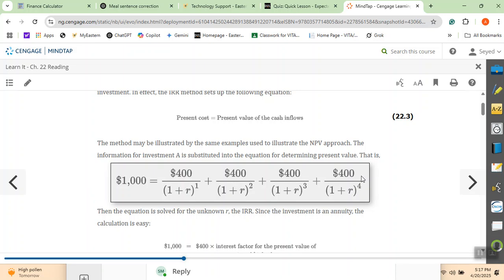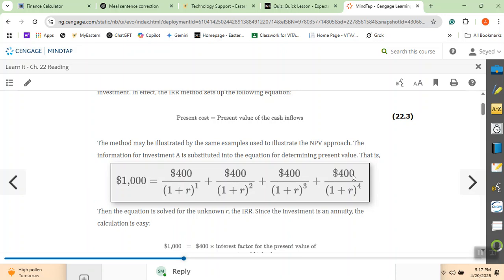Now the question is: should you go and do this investment, buy that tractor, knowing that after 4 years you have to trash it? One way you look at it quickly, you are getting $400 every year for 4 years. Multiply 4 by 400, it is $1,600. You are borrowing $1,000 and getting $1,600.